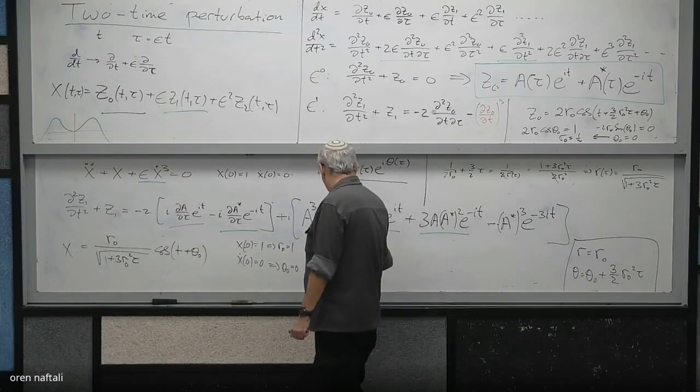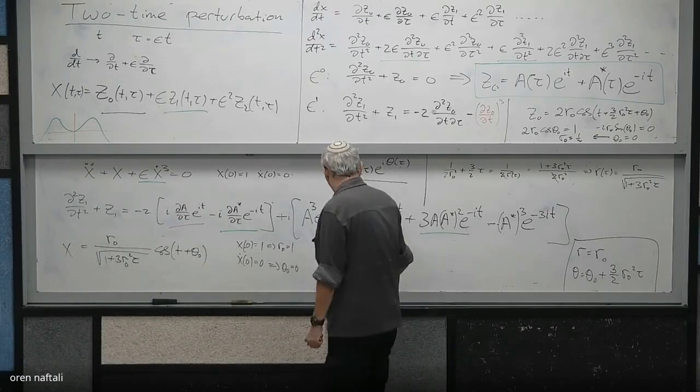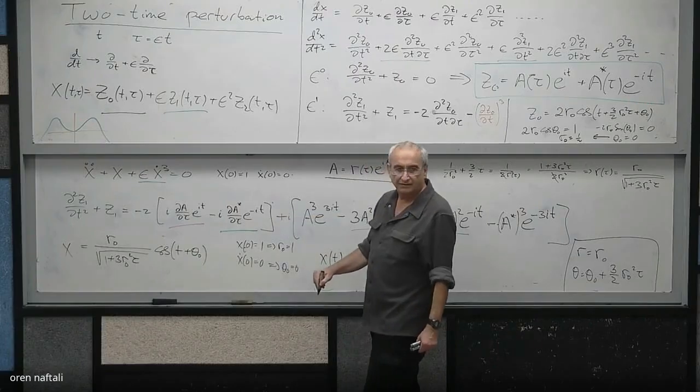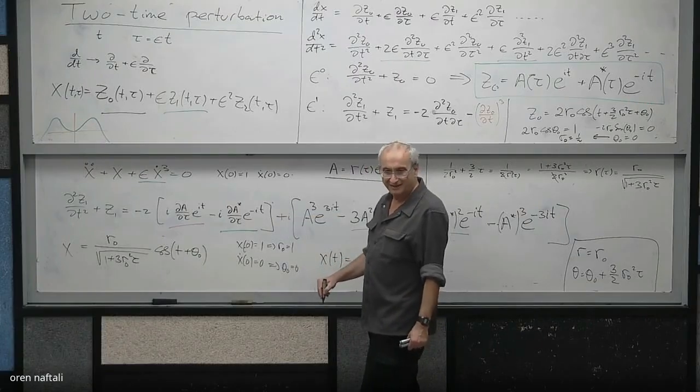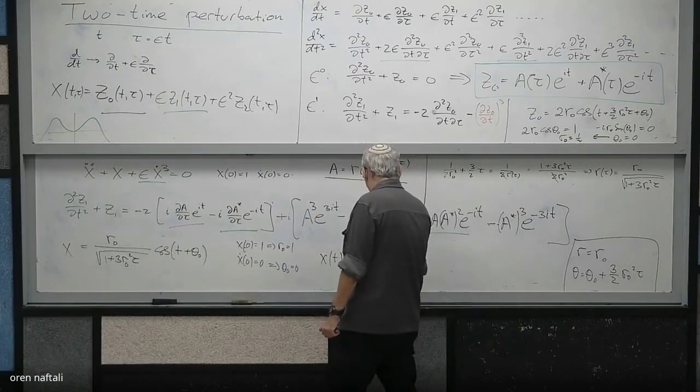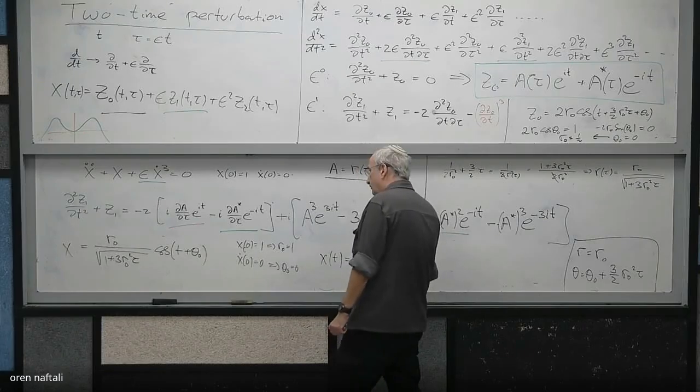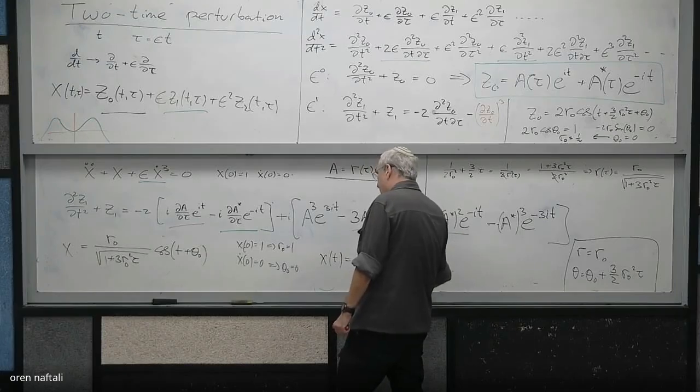So x of t, finally I will replace tau by epsilon t, and I will get x of t is cosine t divided by square root of 1 plus 3 epsilon t.